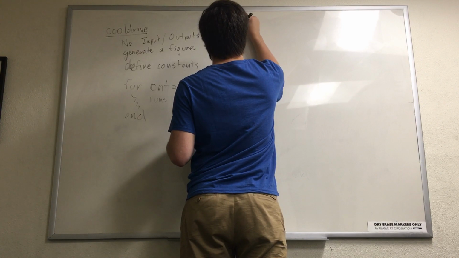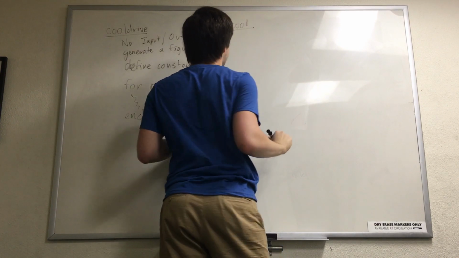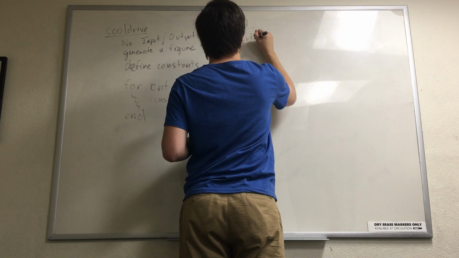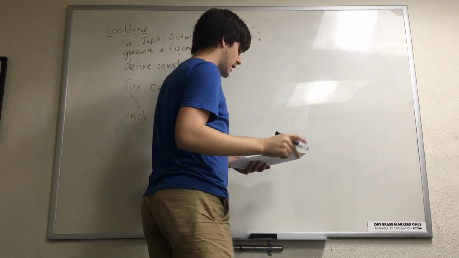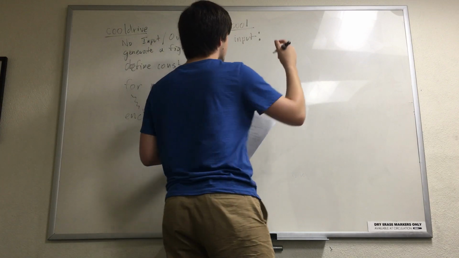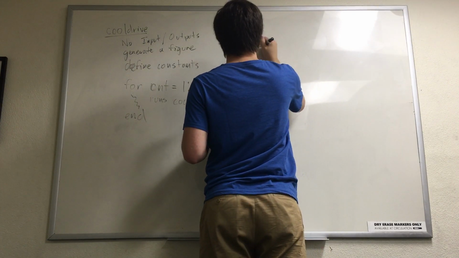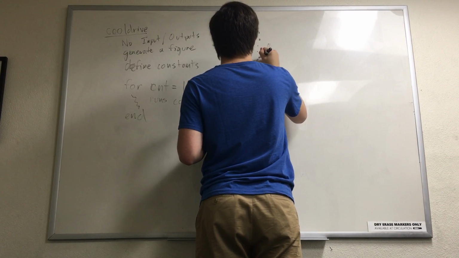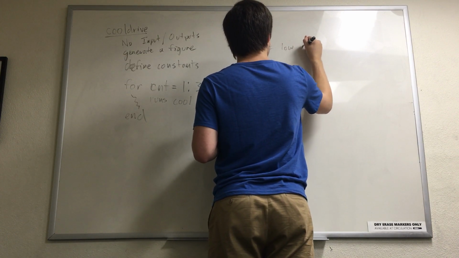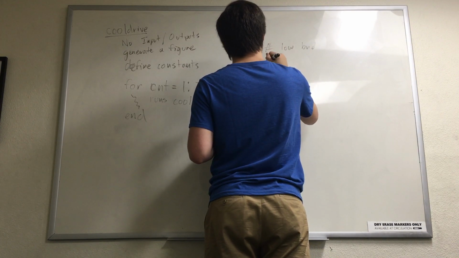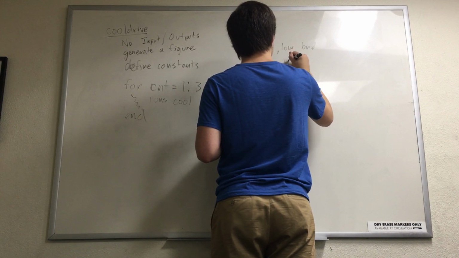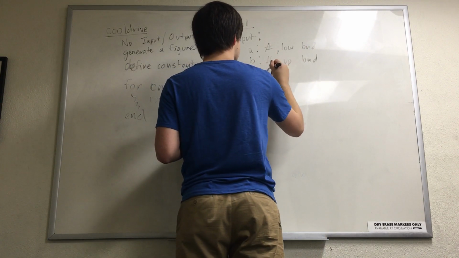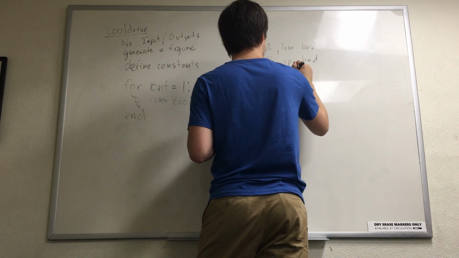So cool, I'll explain what the inputs and outputs are. The inputs are A, which is just a number, your lower bound. B is a number, which is your upper bound. T is your tolerance, and it's also a number.